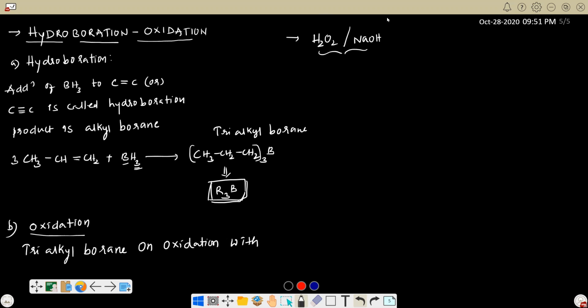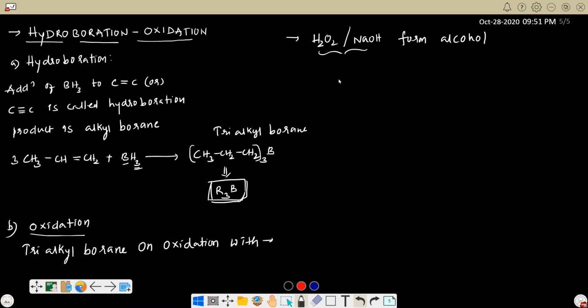Do remember this combination. Otherwise they simply use OH minus also. So it forms alcohol.